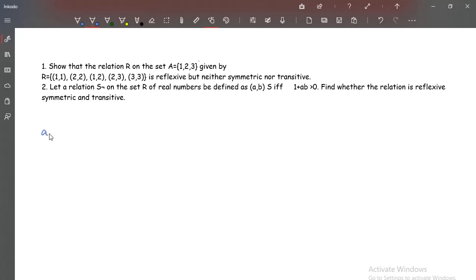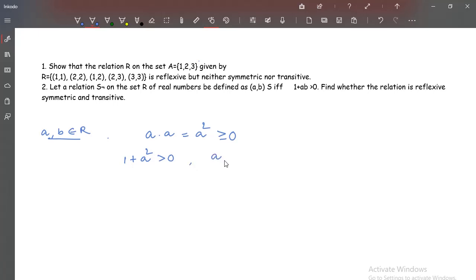A and B both are real numbers. Now A into A, that is A squared. A squared is always non-negative. So 1 plus A squared will always be positive.